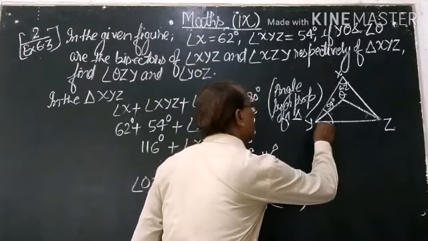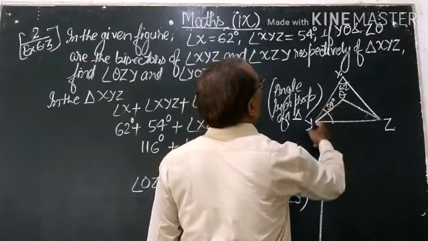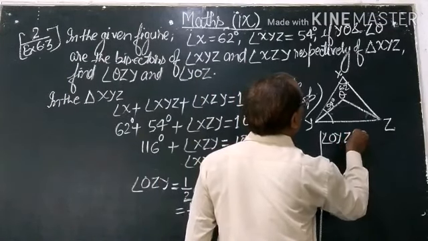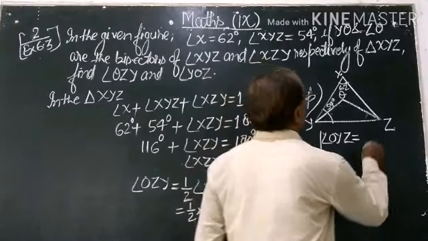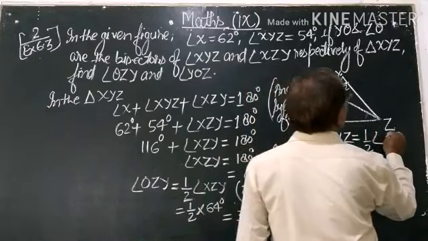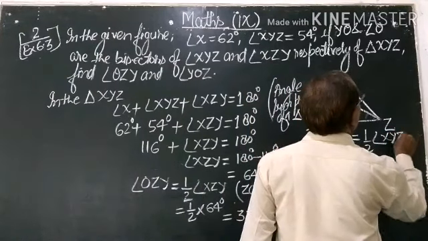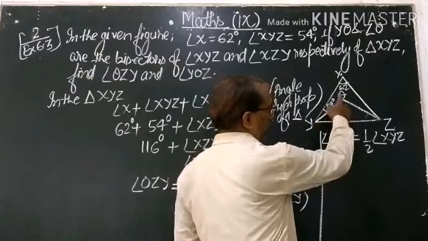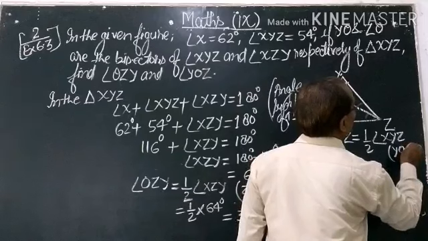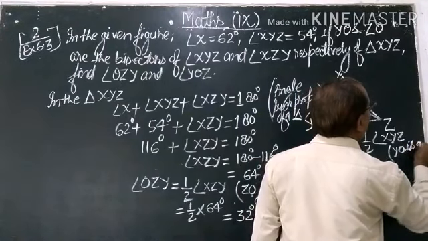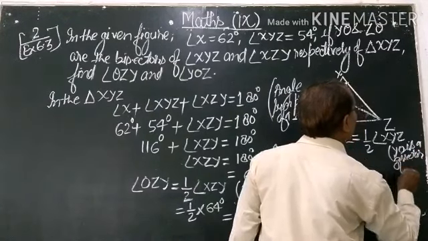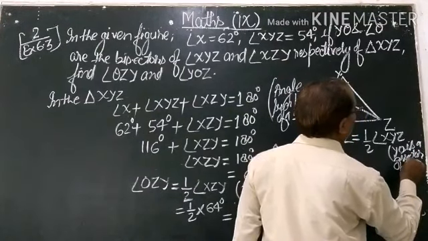Then you find out angle OYZ. Angle OYZ is equal to 1 upon 2 angle XYZ, because YO is the bisector of XYZ. Right here, YO is a bisector of angle XYZ.